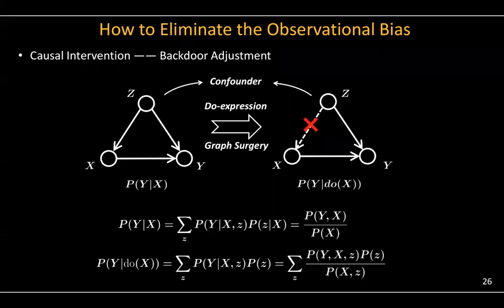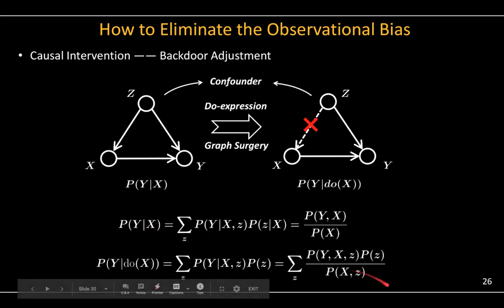That comes to the do calculus. If we don't consider the do calculus, then we just have the original data, and then we just have a conditional distribution p of y given x. Then we will have something like this. This is the conditional distribution of p of y given x.